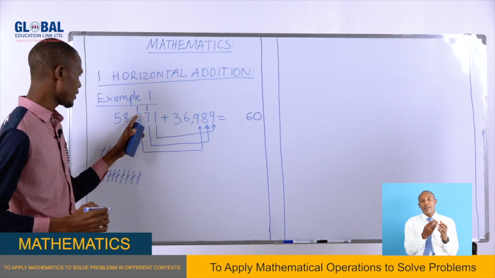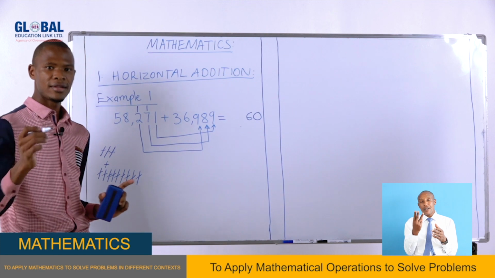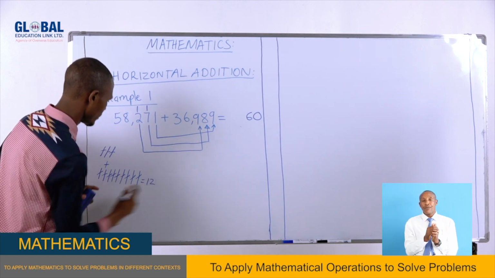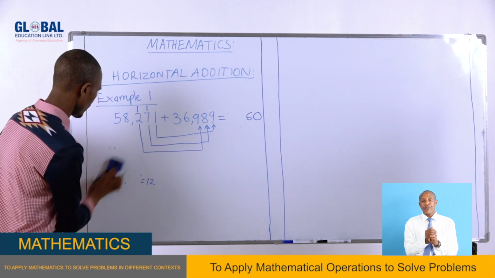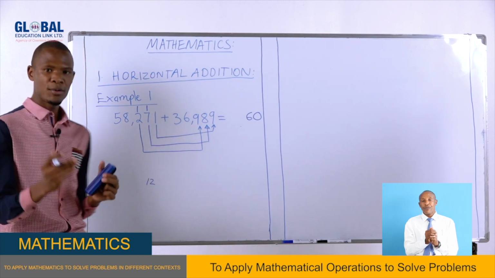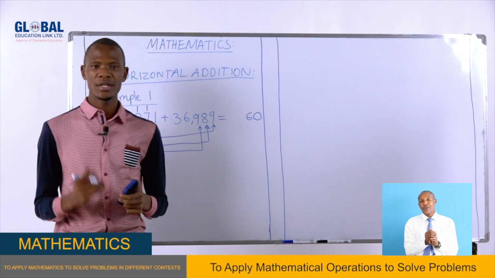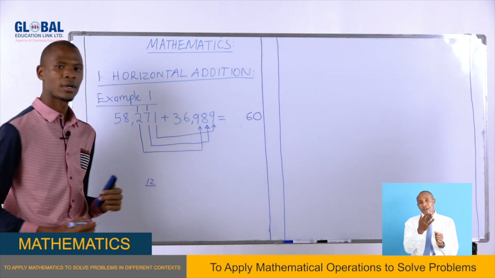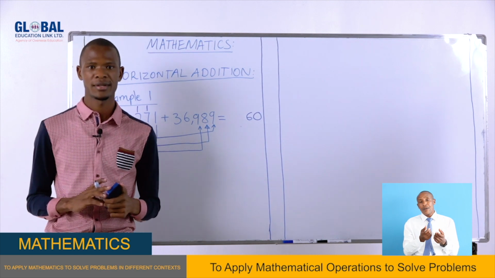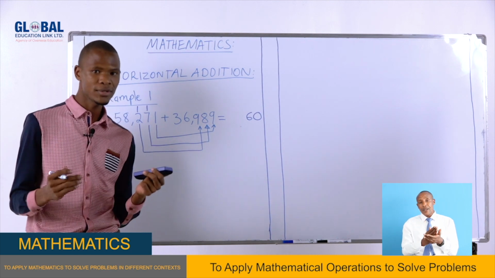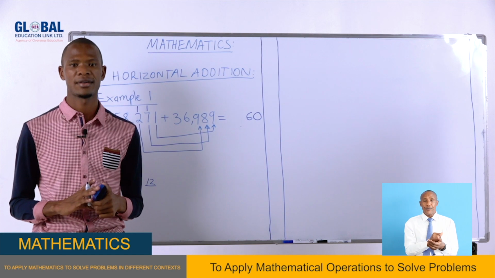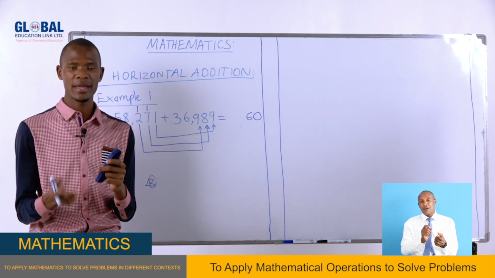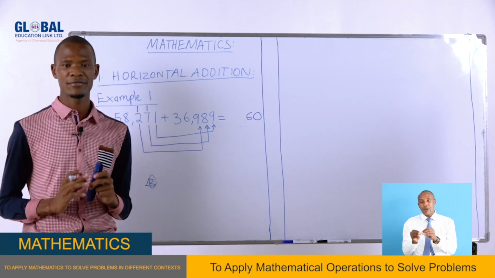So the sum of 3 and 9 gives 12. Dear pupils, which digit among 1 and 2 are we going to write? Are we going to write 2 or 1? Very nice. We need to write 2 and then we carry 1 forward.